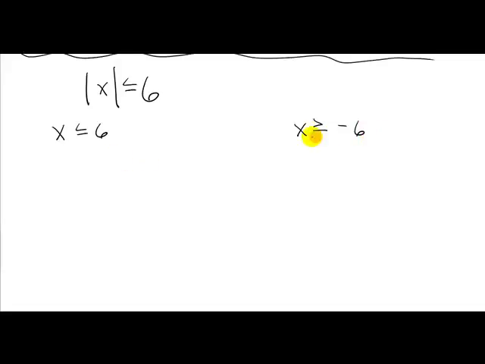If I were to write this together, I could put the x in the middle, and you want to keep the signs going the same way. So my positive number would be here, and then my negative number would be here. And notice the sign here is open to the x, so we're going to keep it open to the x. So this is a way that we can write this.